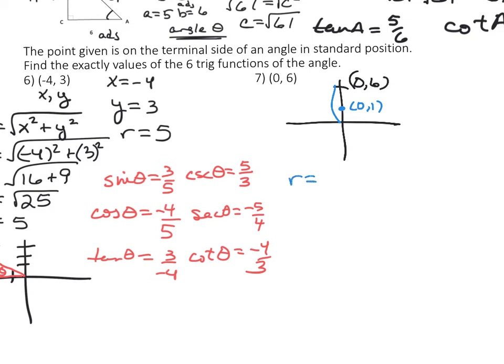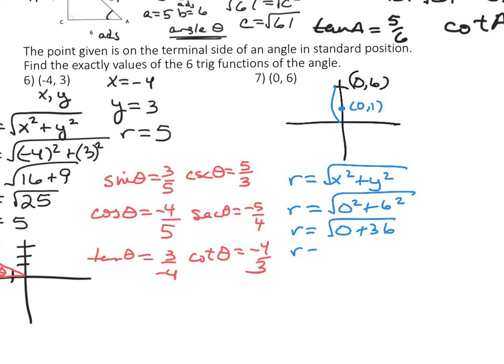If you need to see the thing worked out, you can. So r is equal to the square root of 0 squared plus 6 squared. 0 plus 36, square root it, and r equals 6. So if you're going to use the original ordered pair, x is 0, y is 6, r is 6.